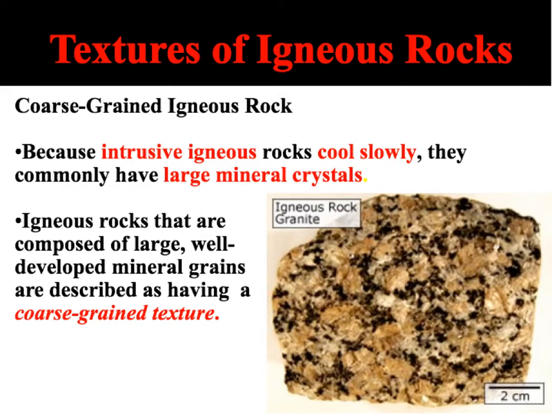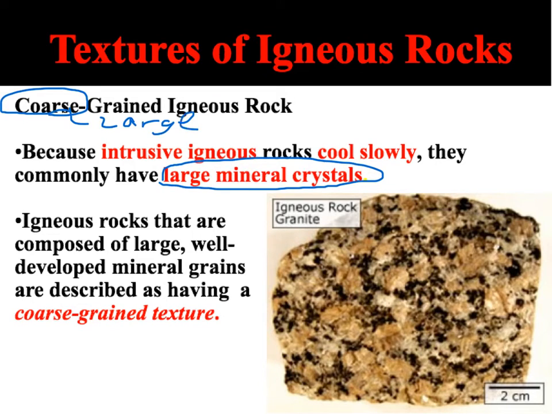So there are coarse-grained rocks. Rocks with large crystals. Large crystals for coarse-grained. All right, if you've ever had coarse black pepper, or you've used pepper on your eggs or your sausage or whatever you like to put pepper on, and you get large chunks of pepper, coarse-grained.